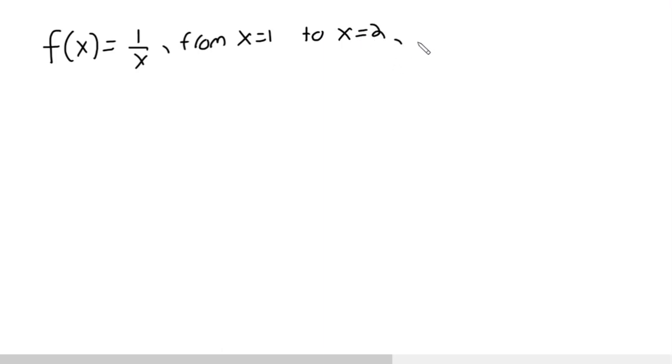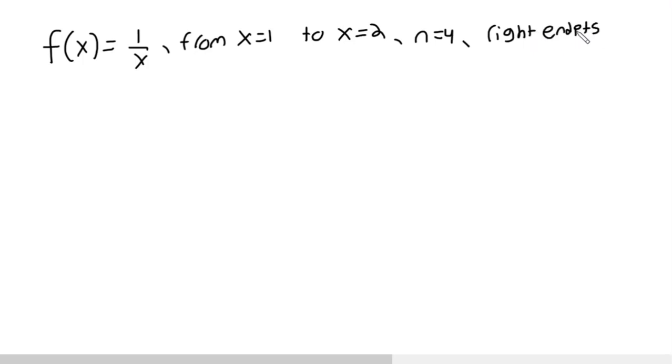So let's say I was given f of x equals 1 over x from x equals 1 to x equals 2. It's also going to give me n equals 4, where n is the number of rectangles, and it's going to tell me to use right endpoints.